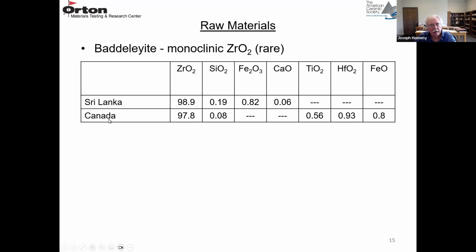Sri Lanka and Canada are the two sources. So the ZrO2 content is, in this case, 99 and this is 98%. So these are pretty high purity materials, but they're very scarce. They're rare materials. And SiO2, Fe2O3, CaO, TiO2, and then the hafnium oxide and FeO are the typical impurities.